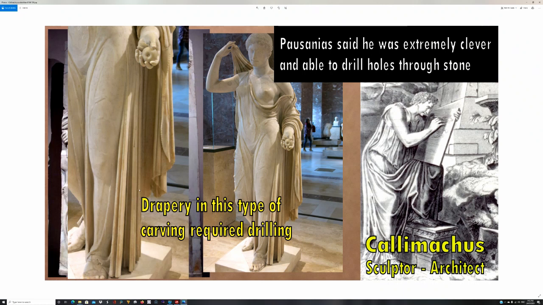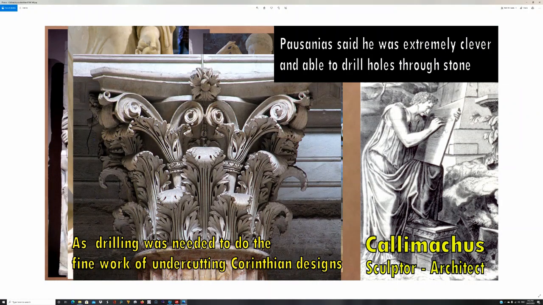And so drilling is required. I've done plenty of examples, drilling in granite with copper, and depending on the type of abrasive and the abrasive size, you can polish as you drill as well. So by drilling, you're also giving a polish to all these fine details. So all this fine little detail and undercutting in Corinthian, like this, well, this is huge detail.